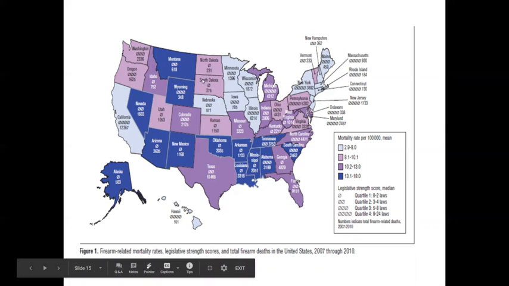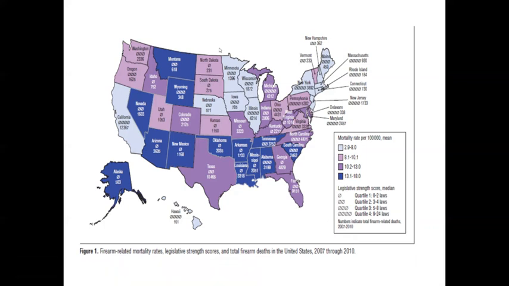Long story short, the authors make an argument that if you look at the states with the lowest legislative scores, meaning they have looser gun regulations, they have higher mortality rates per 100,000. If you look, for example, at places like Arizona, New Mexico, Oklahoma, Arkansas, Louisiana, Mississippi, they have relatively weak legislative scores, meaning they're more permissive, but they have higher gun death rates per 100,000.